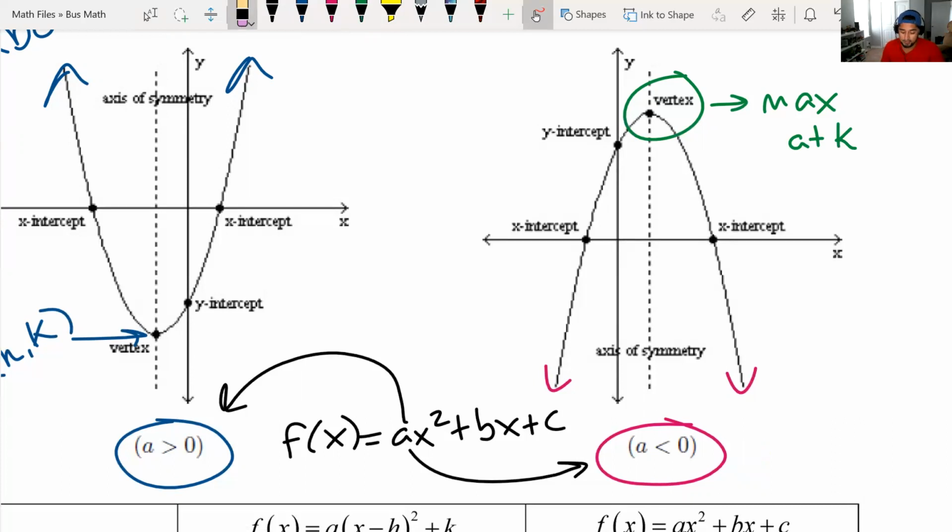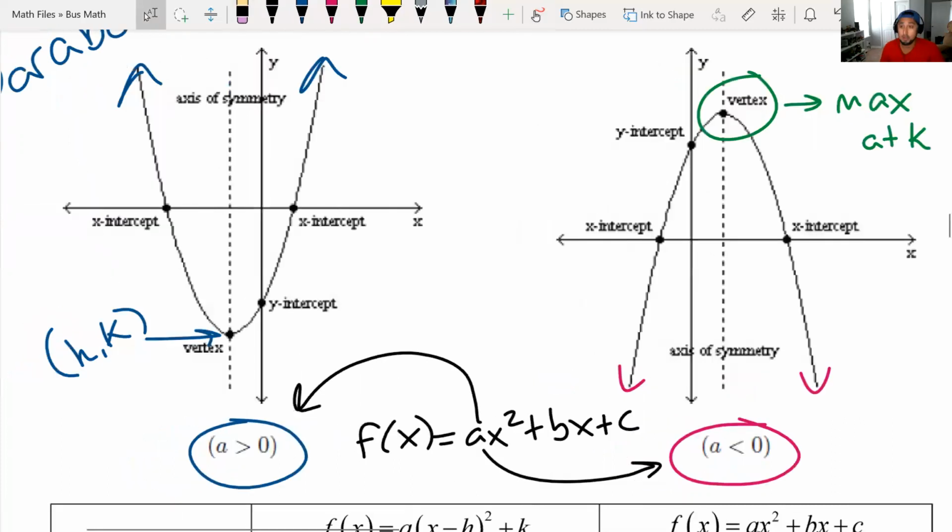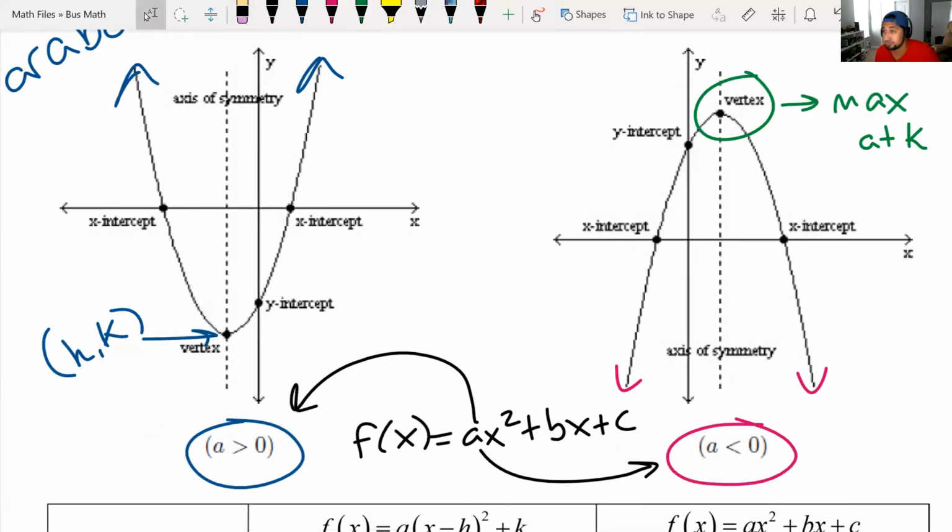And then the next definition says you will have a minimum if the leading coefficient is positive, which means your parabola opens up, and if it opens up, it creates a low point, the lowest point, which is the vertex, which will be considered a minimum.